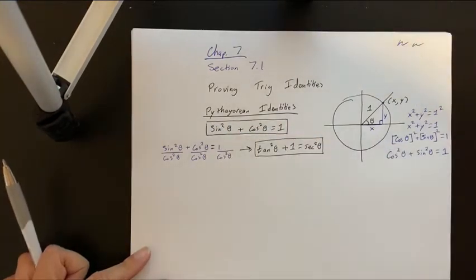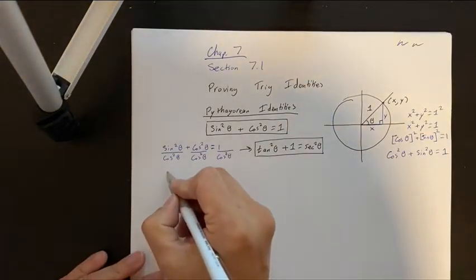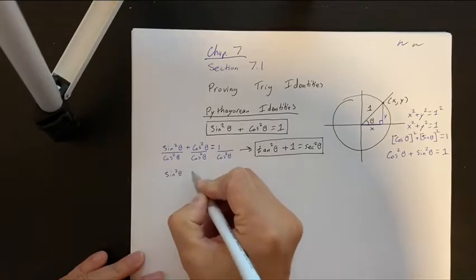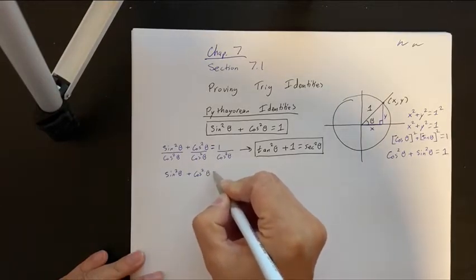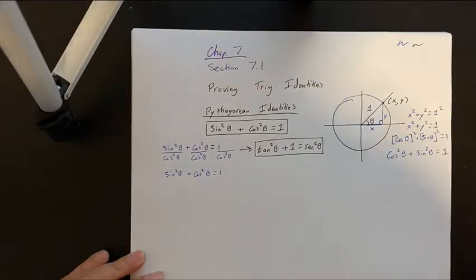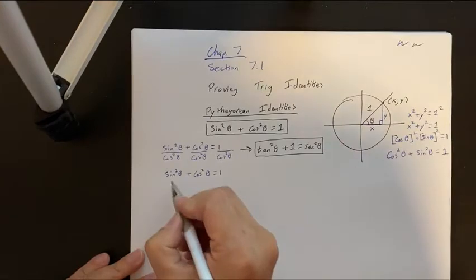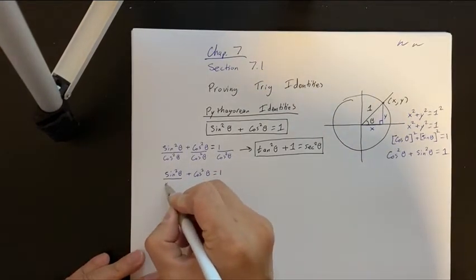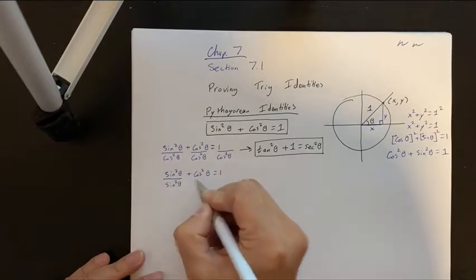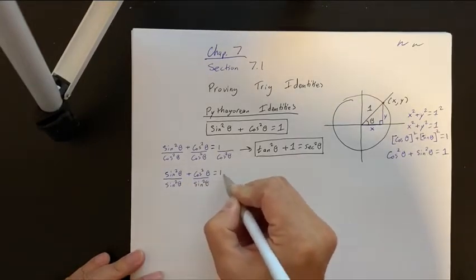Okay. How do I get the third? Well, you start with the first identity, and that's sine square theta plus cosine square theta is equal to 1. And now instead of dividing everything by cosine square, I'm going to divide everything by sine square. So this guy is going to be divided by sine square as well.